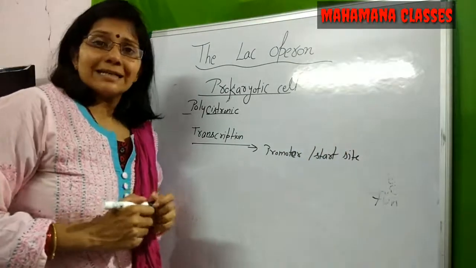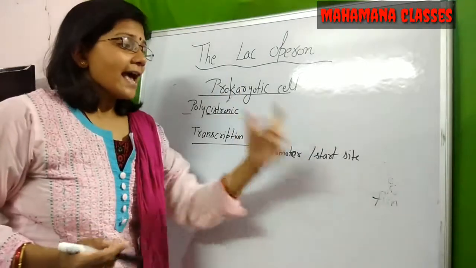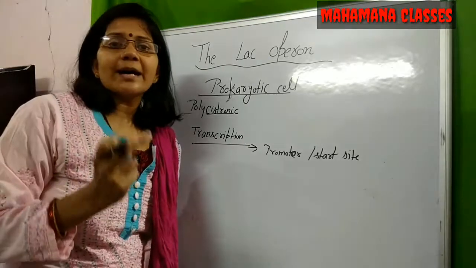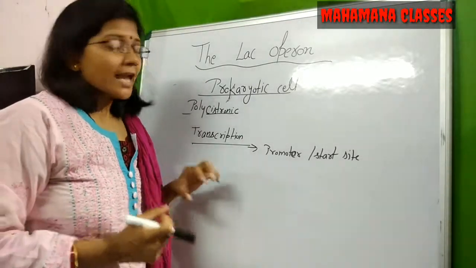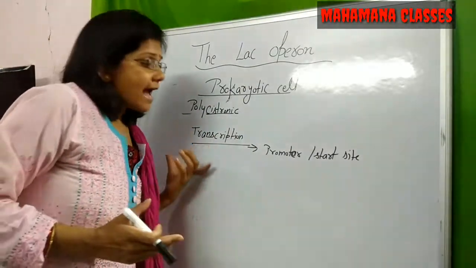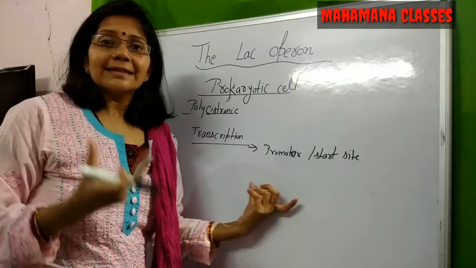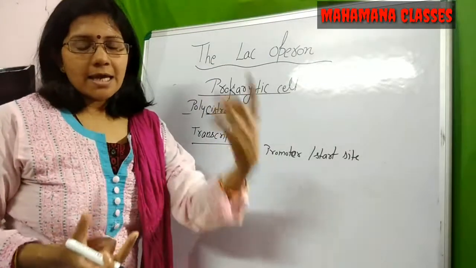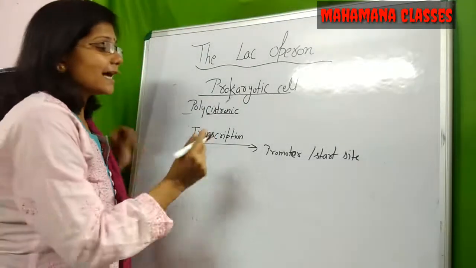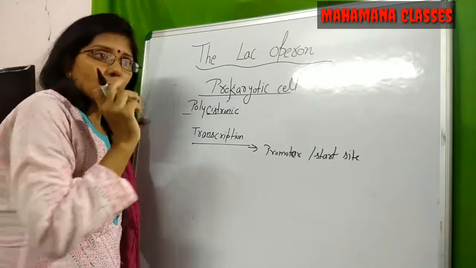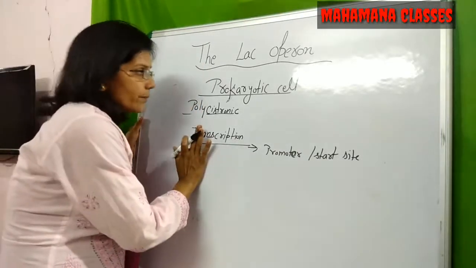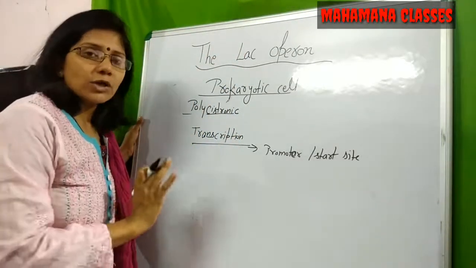This promoter region or start site is the main region which is recognized by a special type of protein, which will regulate gene expression. These are arranged in a sequence, and this particular sequence is known as the operon, and these are known as operators, attached in proximity with the operator region. So finally we come to the lac operon model.